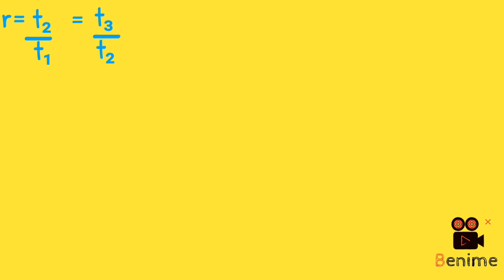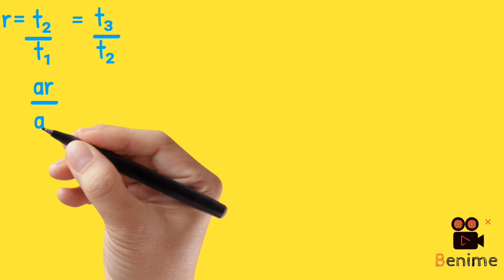Okay, let's do it this way. Small letter T2 is AR. So T2 over T1 is AR over A.